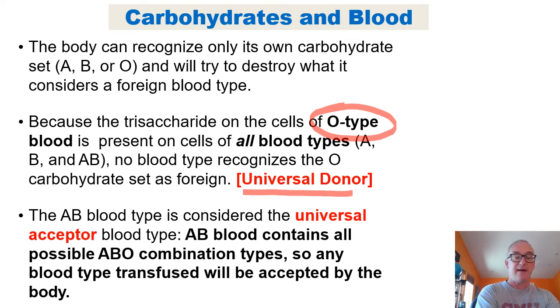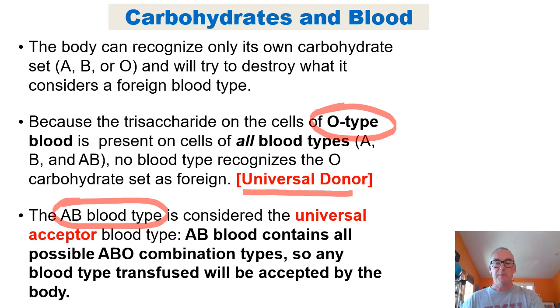On the other hand, the AB blood type would be considered the universal acceptor, because AB contains all possible AB and O combination types. It has A, it has B, and O is already present because it has those same three sugars. So if you are AB, good news for you, because you can basically get any blood transfused into you, and it's all good.